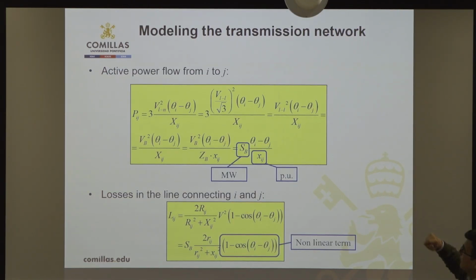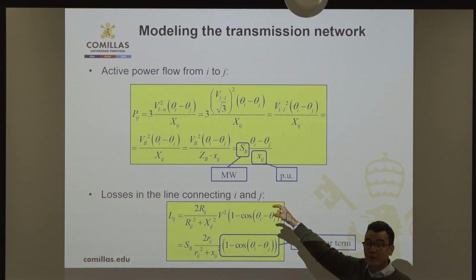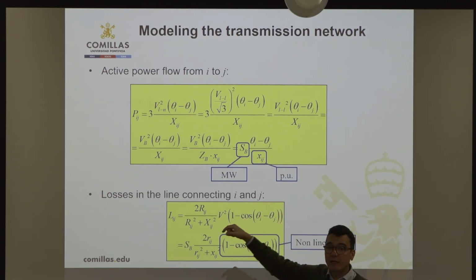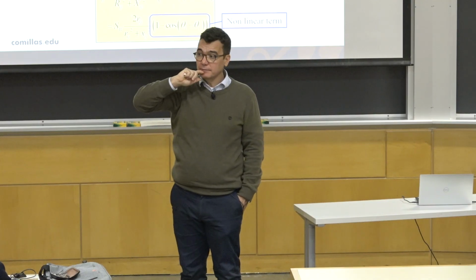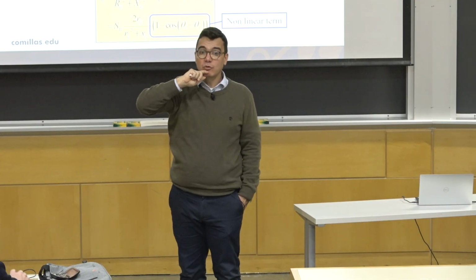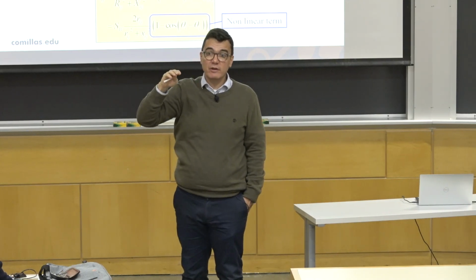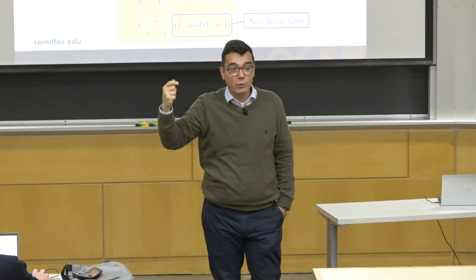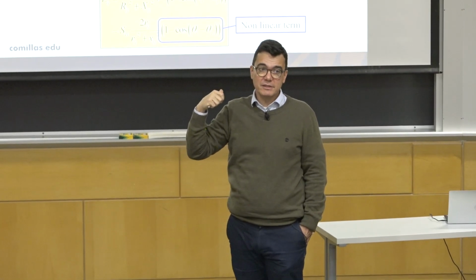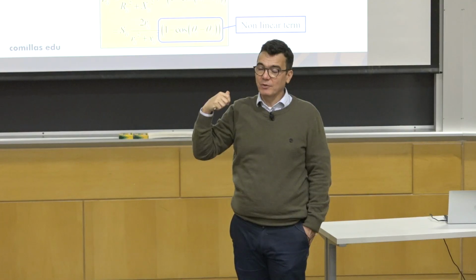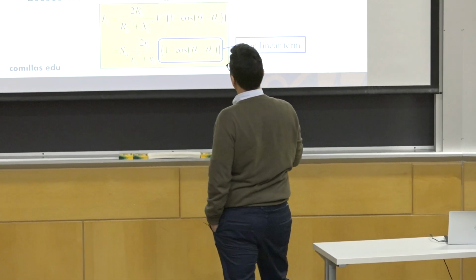So if you make the mathematics here, you will see that when we introduce those simplifications, we are not modeling the flows of reactive power. We are assuming that the flow of reactive power is null. This is why we call this approximation direct current OPF, because we are neglecting the reactive power.